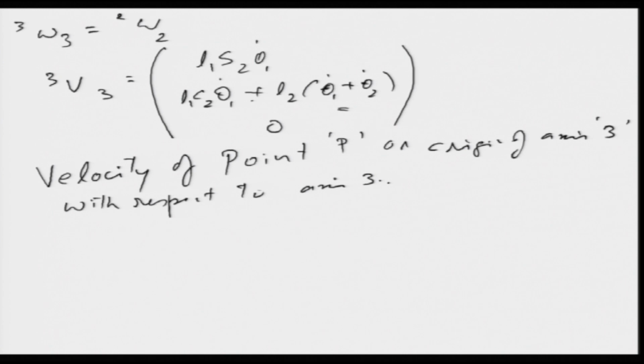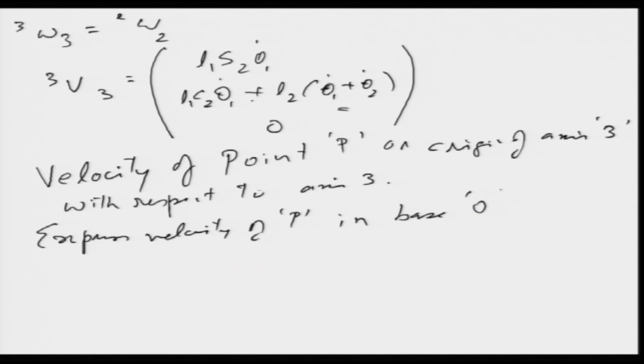Okay. Now, if I want to express this velocity of P in the base frame 0, then all I need to do is multiply it with the rotation matrices. So, the velocity of 3 with respect to 0 is equal to the rotation matrix 0 to 3 and V 3 3. Okay.